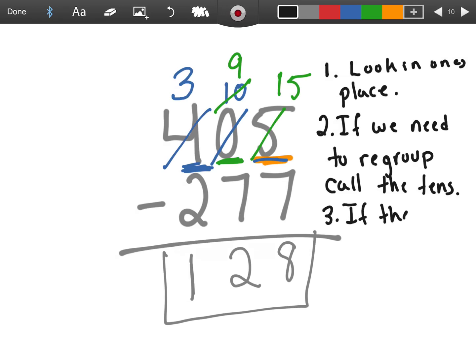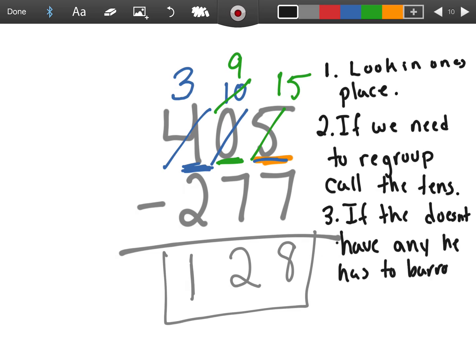If the 10 doesn't have any, he has to borrow from the hundreds. And then we can carry on with our subtraction.